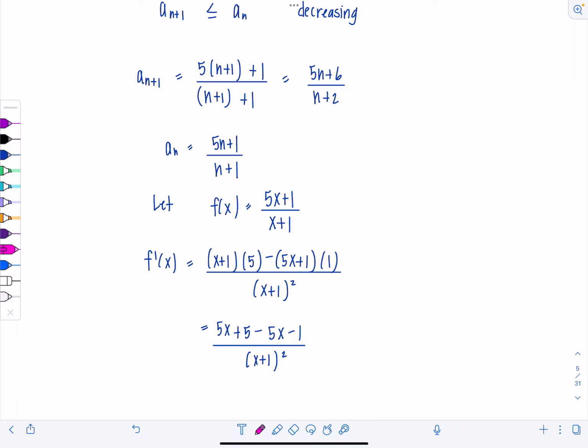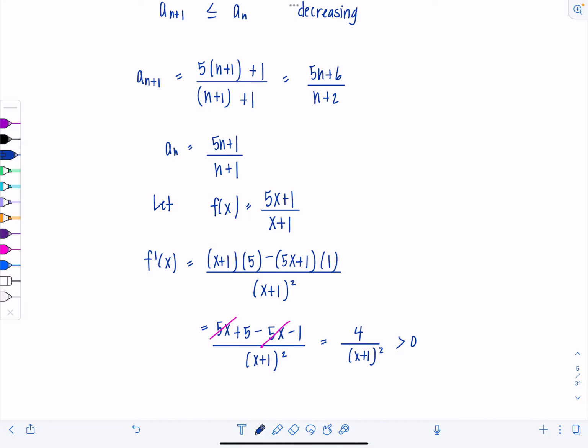Ooh, this is nice because look, these 5x's cancel. And then all I'm left with in the top is a 4 over (x+1) squared. And I can tell, okay, no matter what I plug in for x, this is always greater than 0, as long as x isn't -1, which would make it undefined.